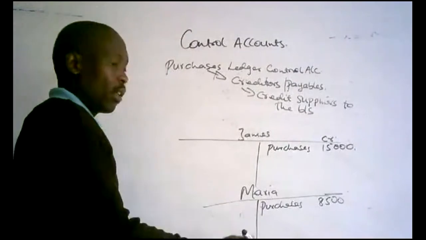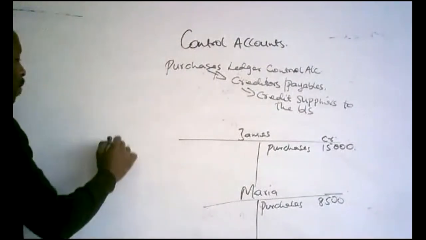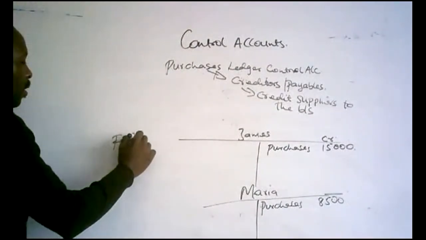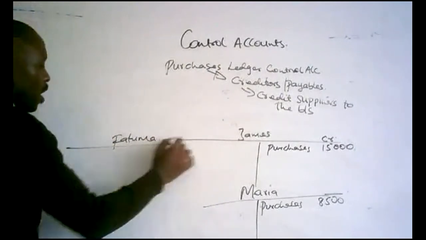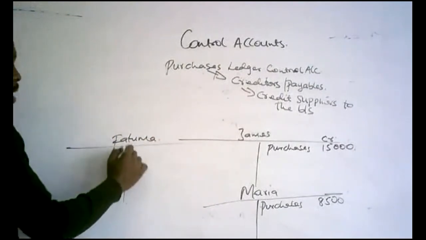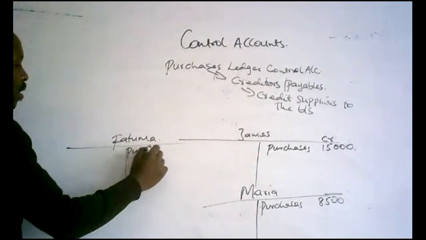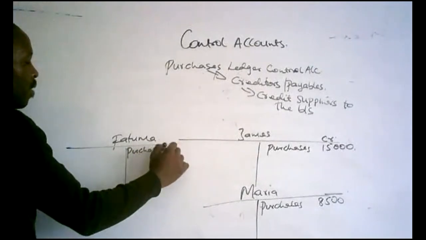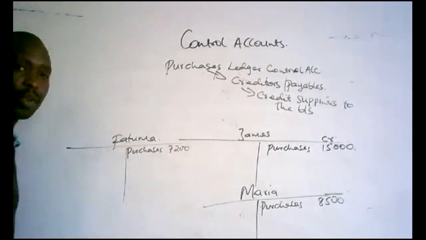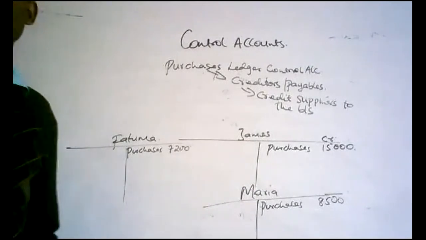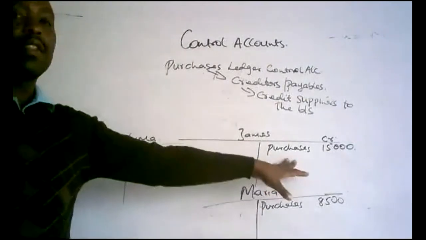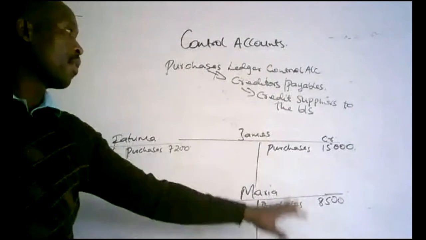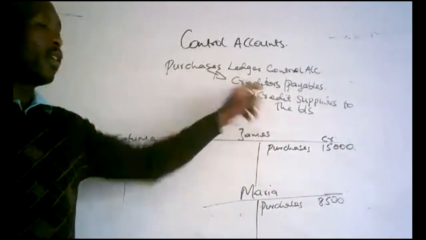On another day, we buy goods from Fatuma suppliers. We come here and we credit Fatuma by purchases, maybe 7,200. So you realize that anytime we buy goods on credit, we normally credit the suppliers, and these suppliers are the people we call the creditors.